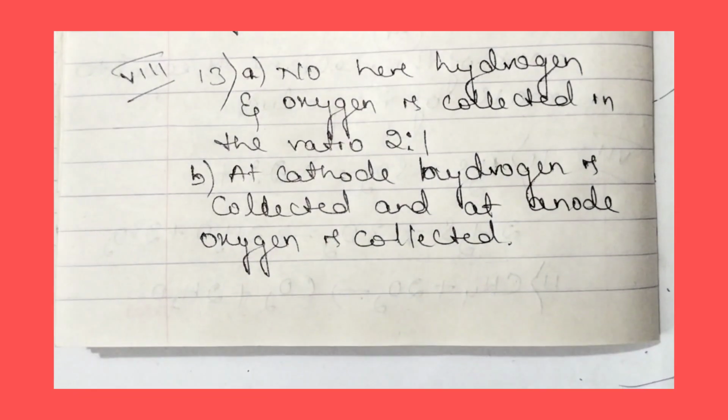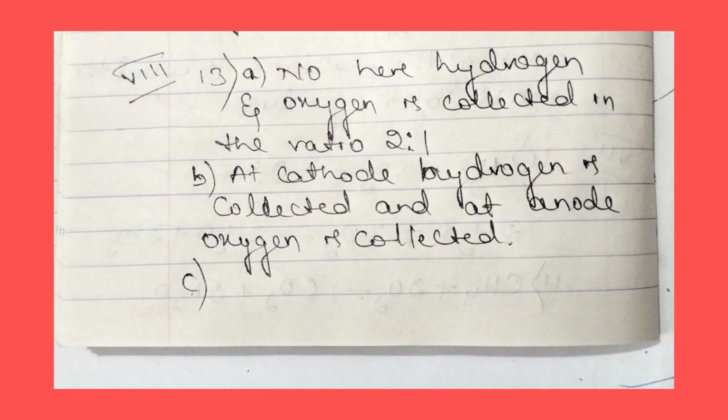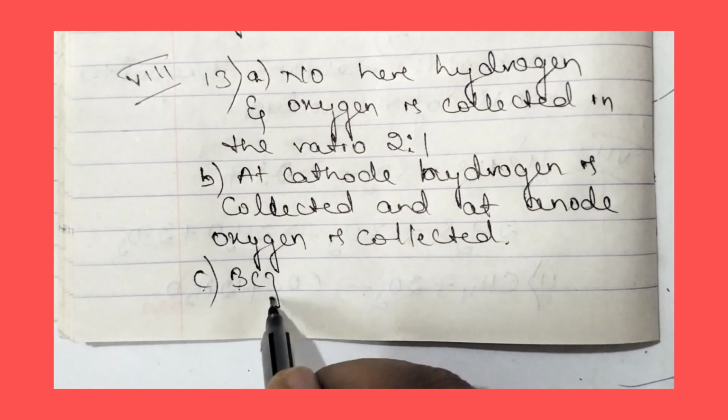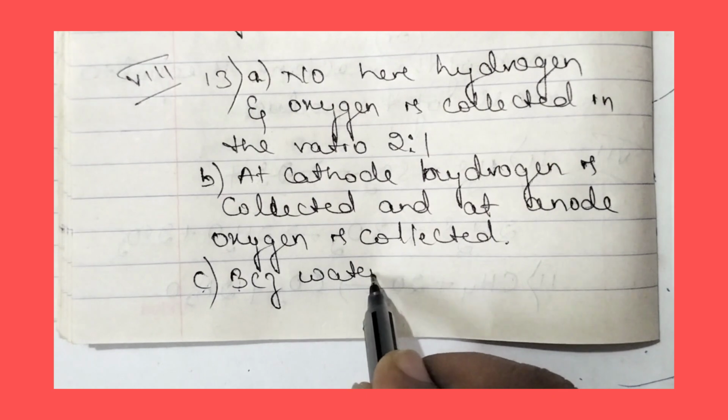So this is B. Then C question, why are a few drops of sulfuric acid added? Because water is a poor conductor.